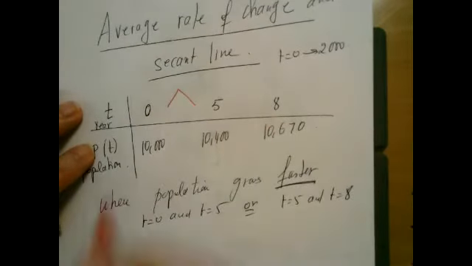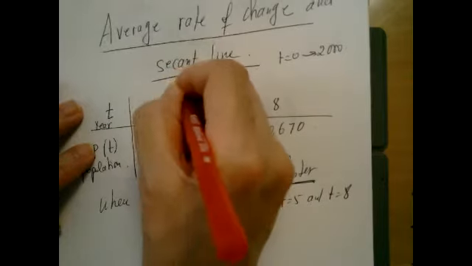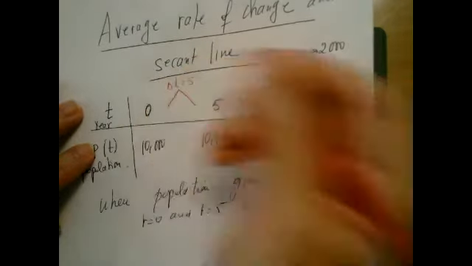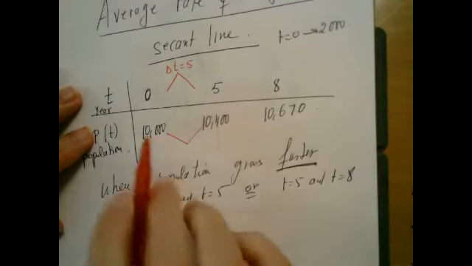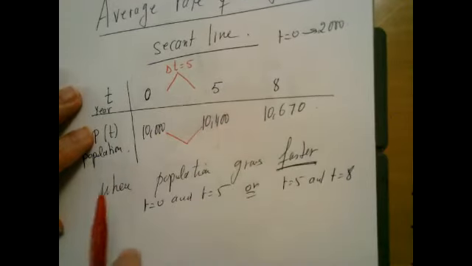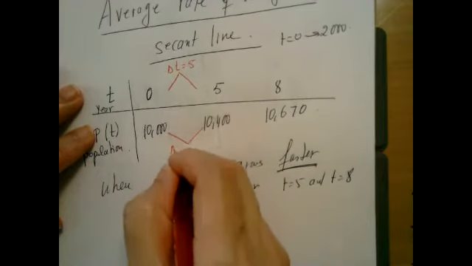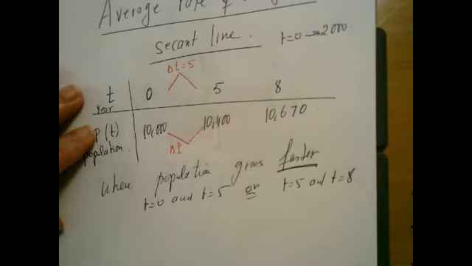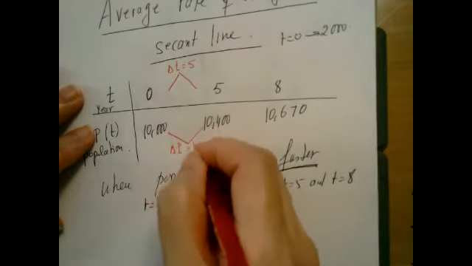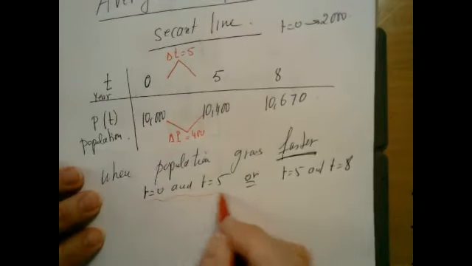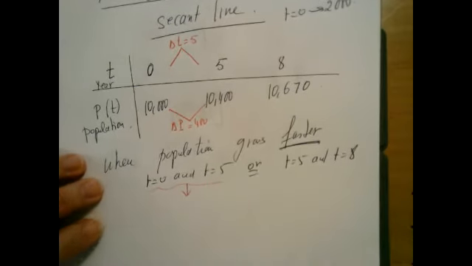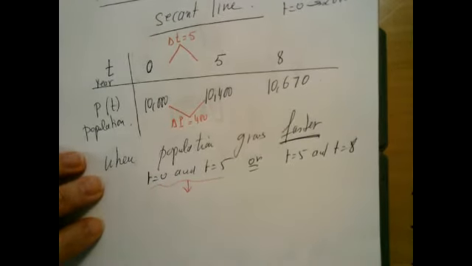Between 0 and 5, it means within a period of 5 years, so we're going to call this the change in 5 years. The population grew from 10,000 to 10,400. So we say that the change in population is 400. So between 0 and 5, the population was growing at which rate?